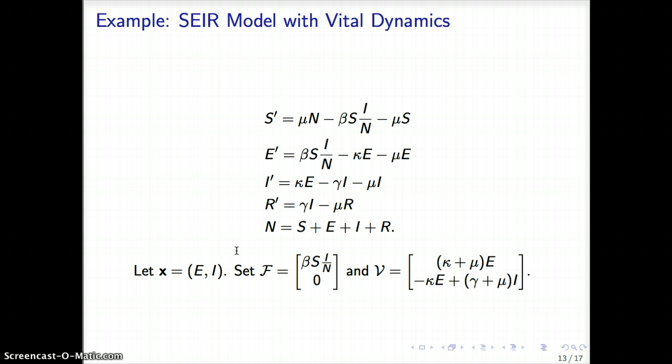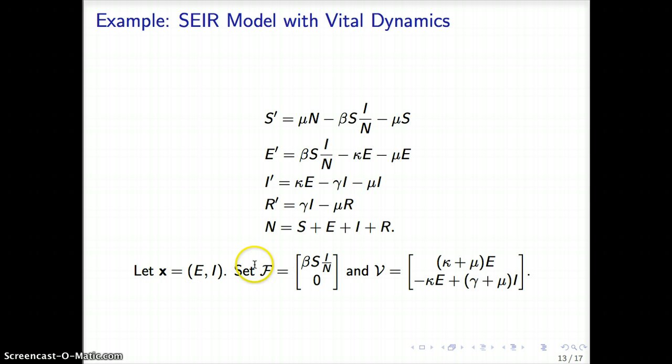And the first thing we do is the decomposition, in which we choose, according to the status, which compartments are disease compartments. In this case, the E and I compartments are both compartments of disease. That defines the state variable x, and then the operators fancy F and fancy V have to be defined in a way in which we can write the differential equations for the disease compartments.